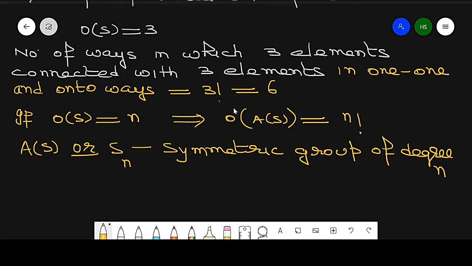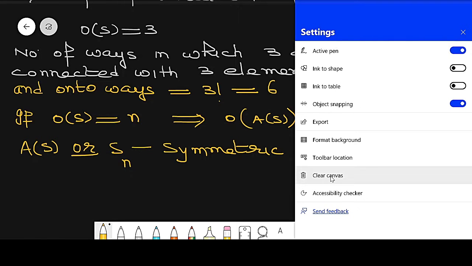Now this permutation can be written as follows.